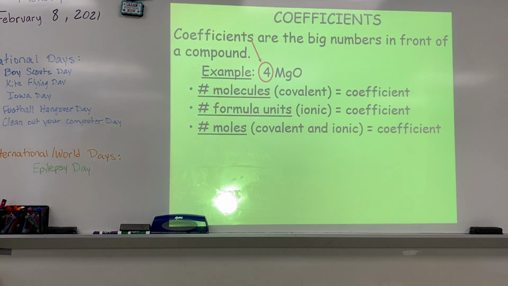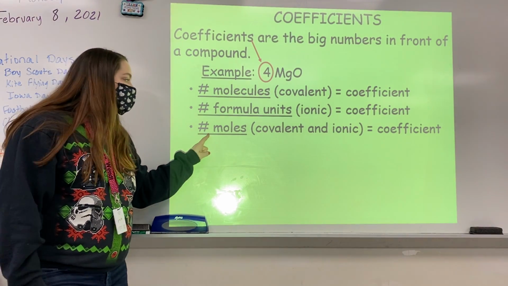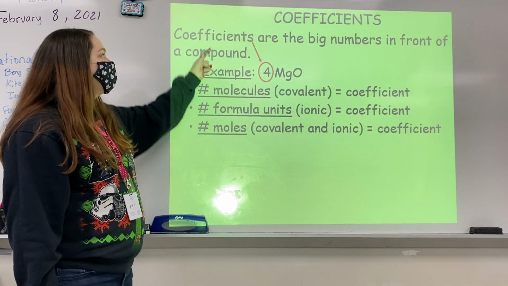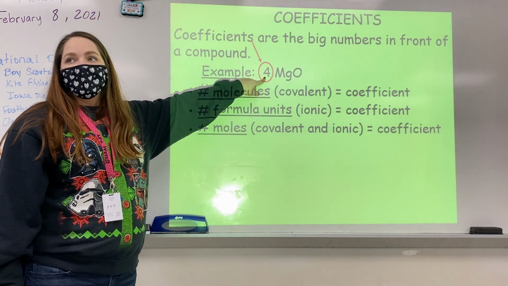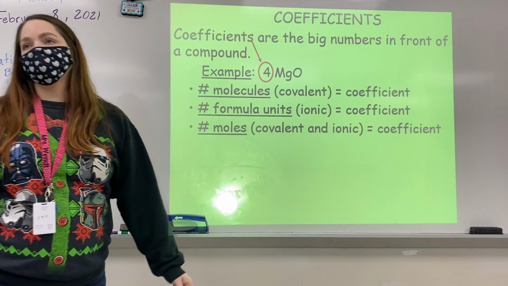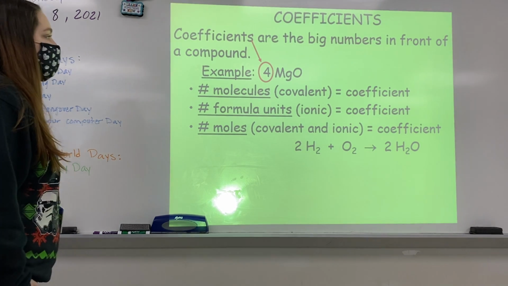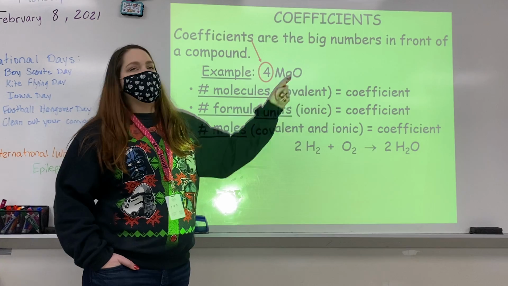The thing that we're going to use 9 times out of 10 in this unit is the number of moles. So your coefficient, the big number in front, tells you how many moles of that substance you have. The big number in front is 4, so that tells us that we have 4 moles of magnesium oxide.